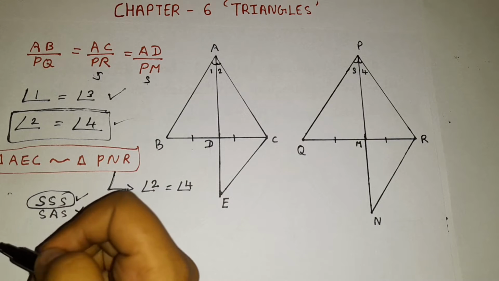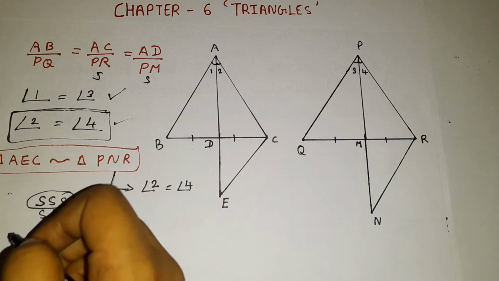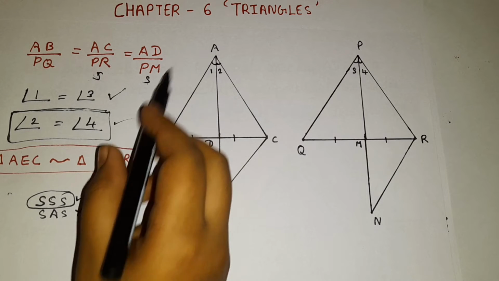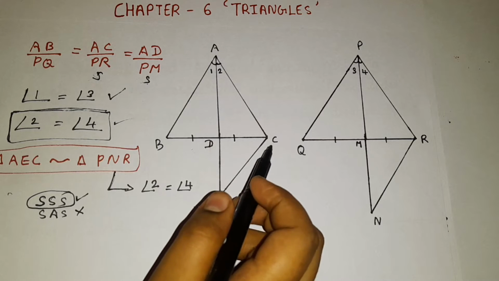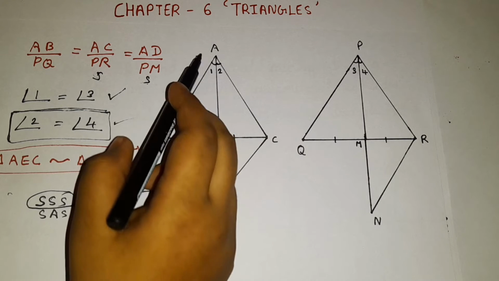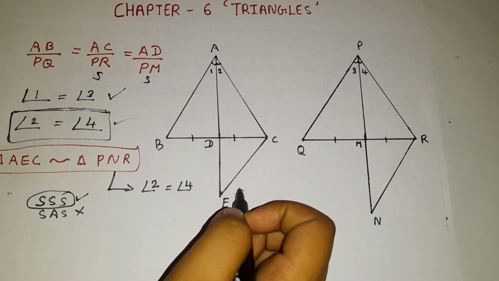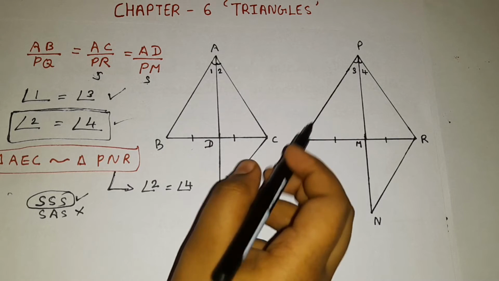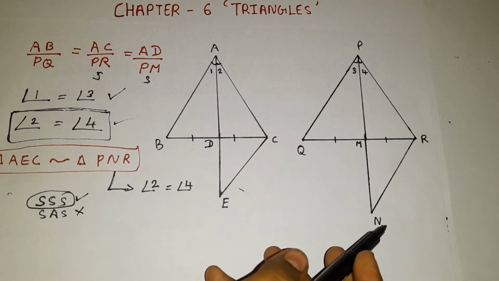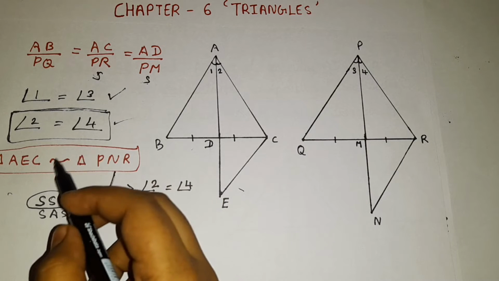For finding one more side value, I have only one choice. I can say AB is equal to EC, otherwise CE, whatever it is. I'm supposed to prove it like that. Here also, if I prove PQ is equal to RN, then I will be able to say it is similar.